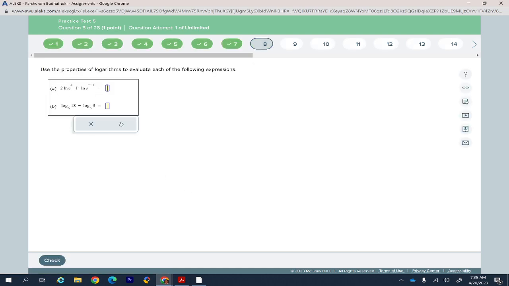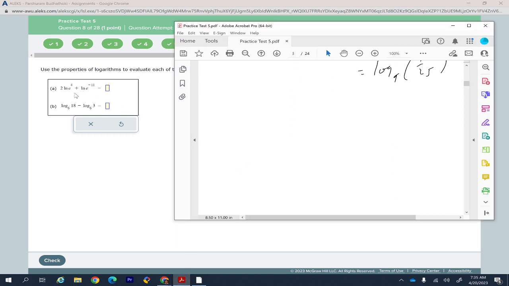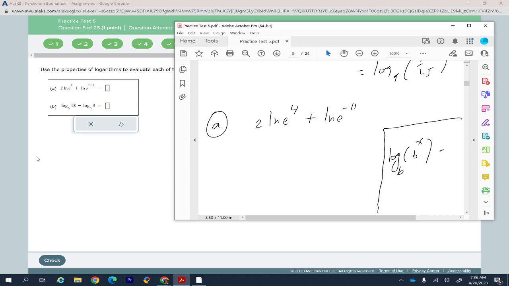Okay, use the properties of logarithms to evaluate each of the following expressions. So here you can apply the power rule first. Oh no, you don't have to do that. Whenever log and its base come together, there is one rule: log base b of b to the power x is equal to x.